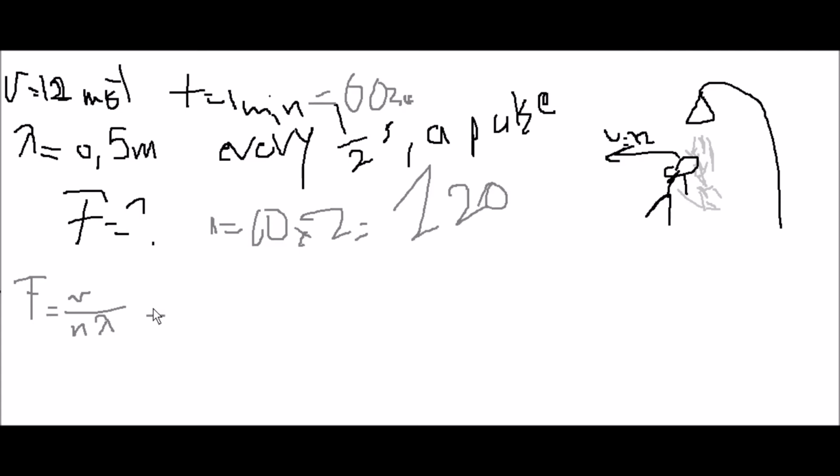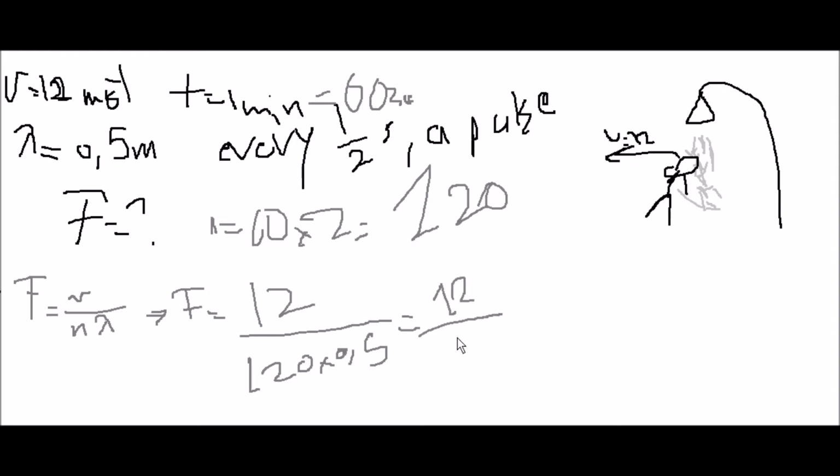So now the temporal equals 2 divided by 120 times half, which will be 2 on 60, which is going to be 0.2, I think.